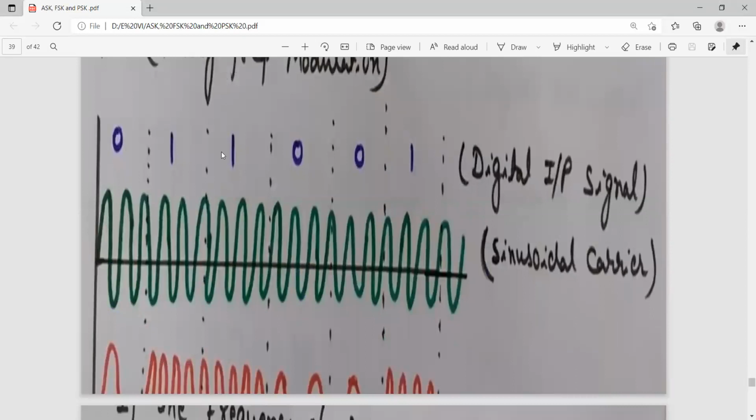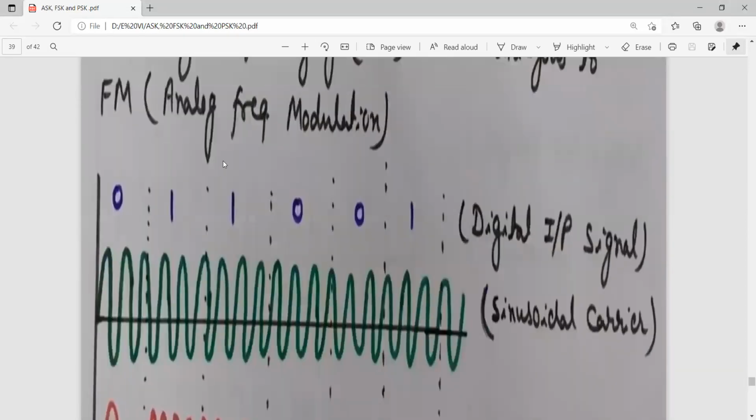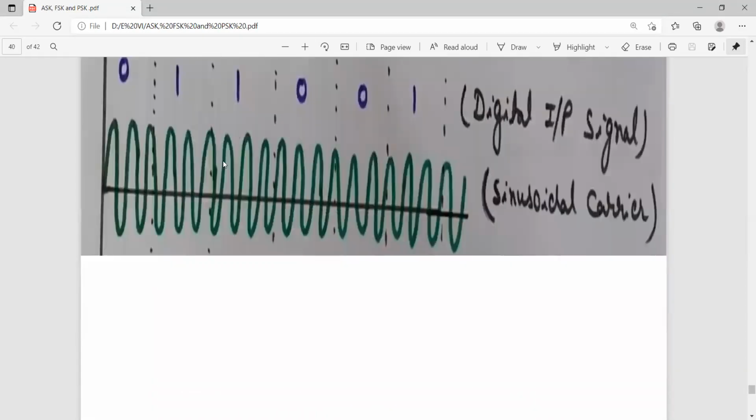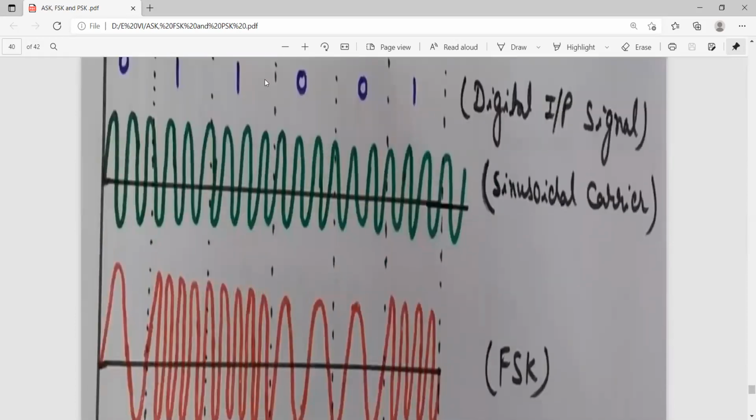So here there is a signal. This waveform you can observe in the next slide. Yeah, this. So this is your binary data. This is your carrier signal, that is the sinusoidal carrier wave, a high frequency carrier wave. So for one, the frequency is higher, as we discussed earlier.